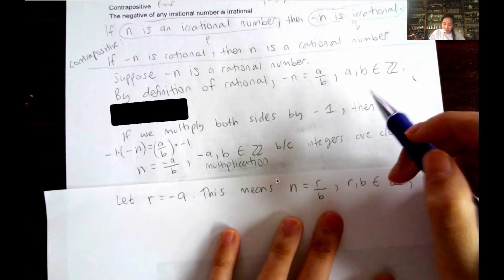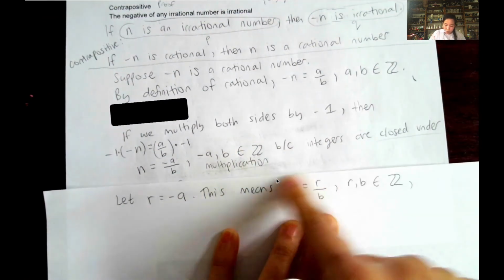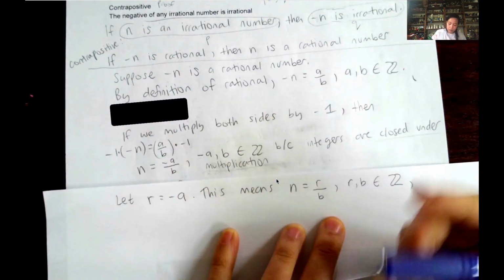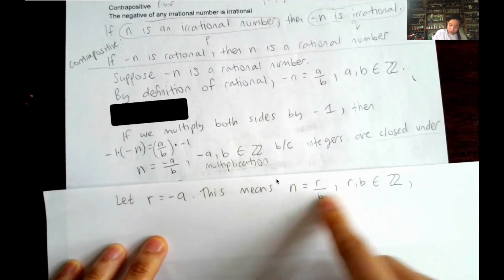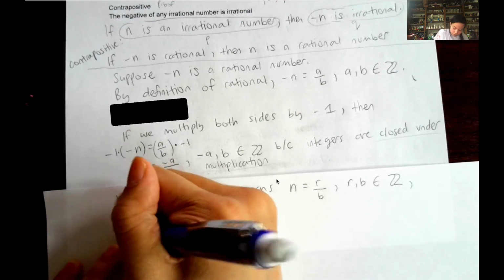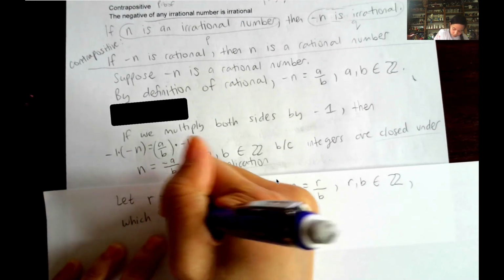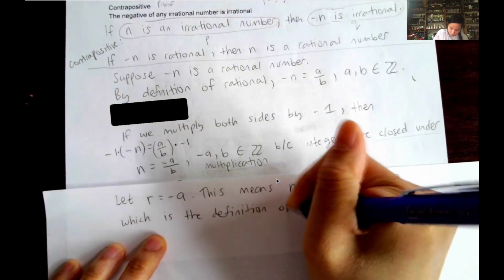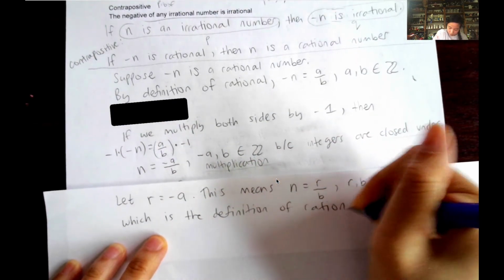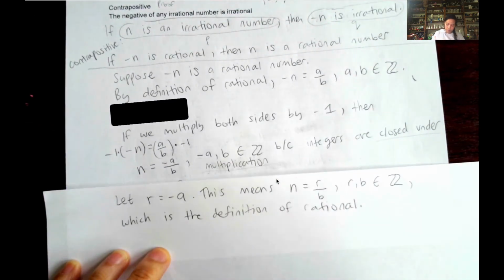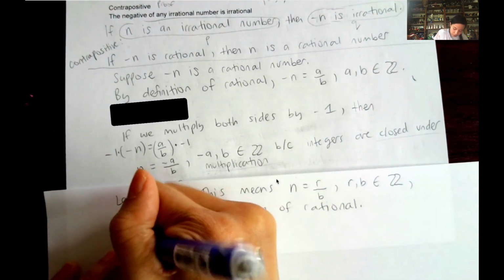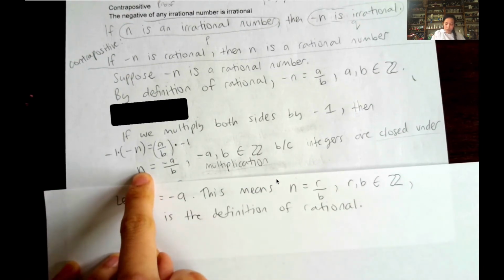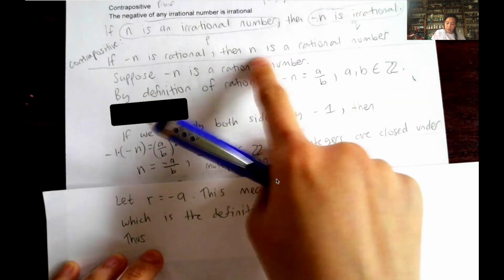So now we can clearly see that the format of n is the same format as -n, and that means this right here is the definition of rational. Thus, we just showed that n is a rational number, right? N is a rational number.